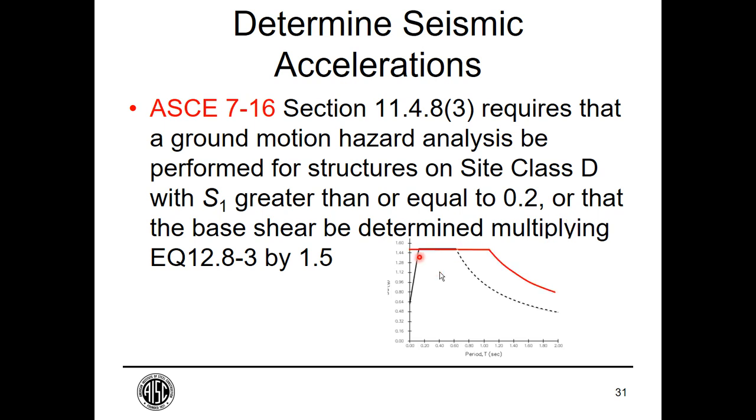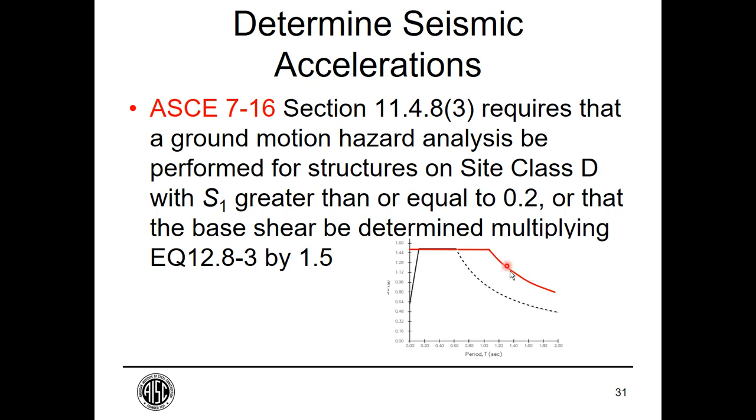What essentially happens, though, is if you want to avoid doing the ground motion hazard analysis, you can assume that the building is a very short period building and extend that short period plateau out.